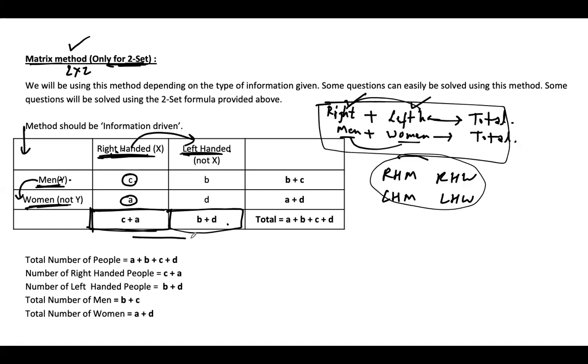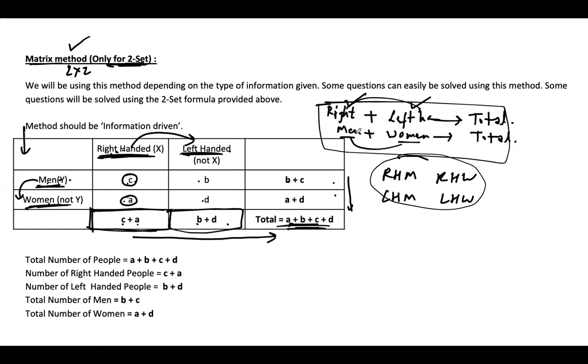If you add these two boxes, it will give you the total, which is A plus B plus C plus D. Similarly, with respect to men and women, right-handed men C, left-handed men B, so total men B plus C. Right-handed women A, left-handed women D, total women A plus D. These two boxes will also add to give you the total, which is A plus B plus C plus D. Is this point clear?